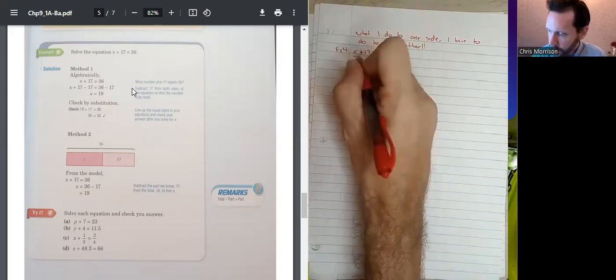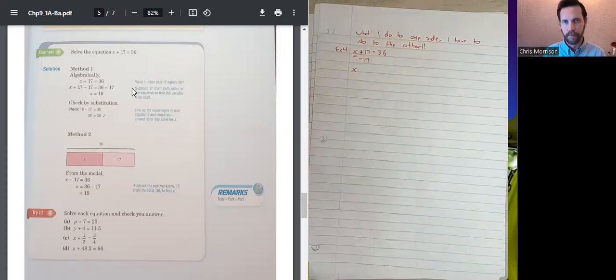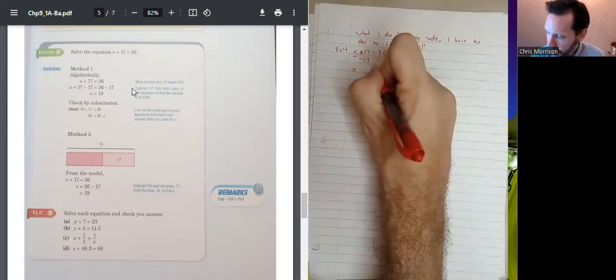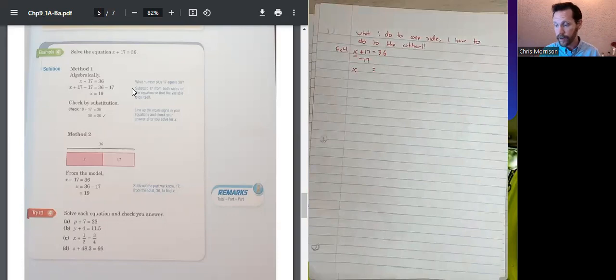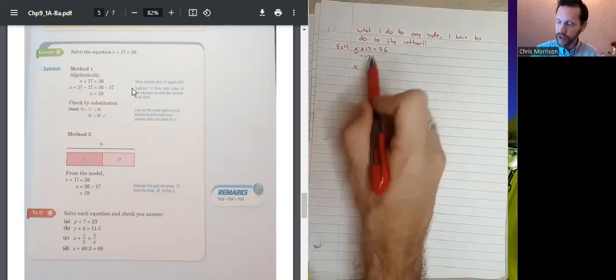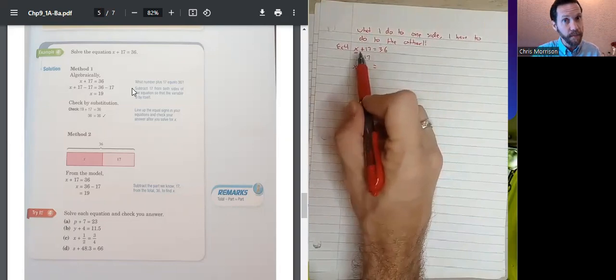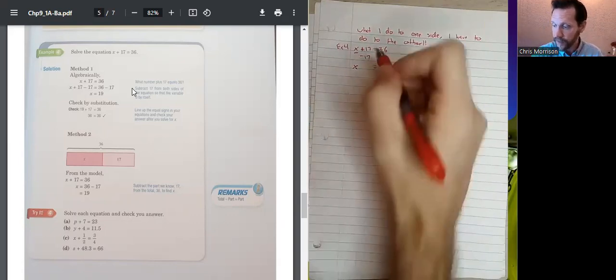And if I do that, well, I leave the x. What is 17 minus 17? 0, that's gone. But wait a minute, I also said what I do to one side, I have to do to the other. I've got to keep it even. Remember I had x plus 17 and I had 36, but I took 17 away. So to keep them equal, think about a seesaw. If I took 17 away, I've got to take 17 away from this other side also.